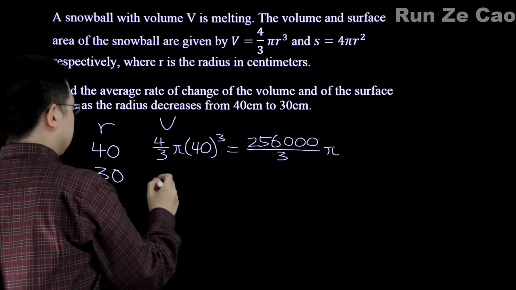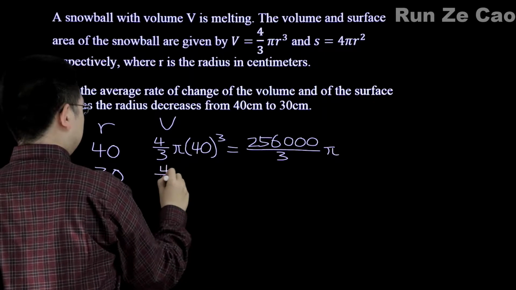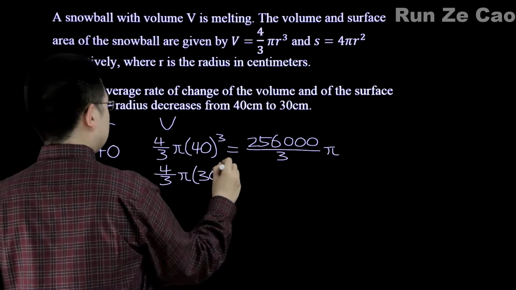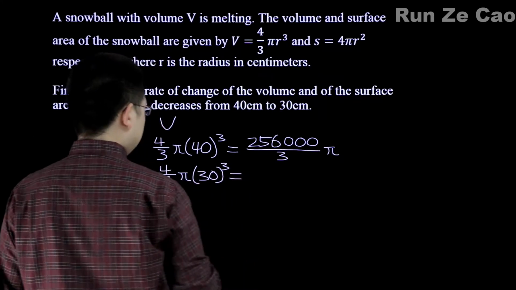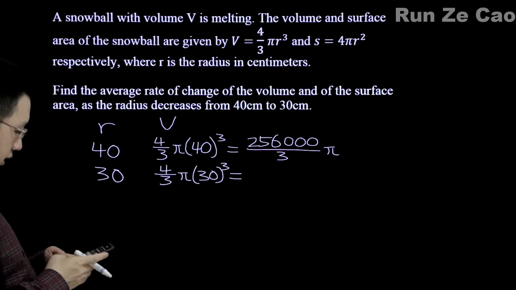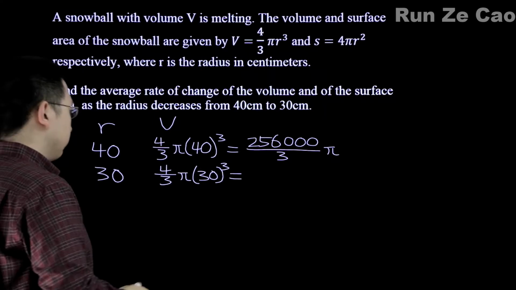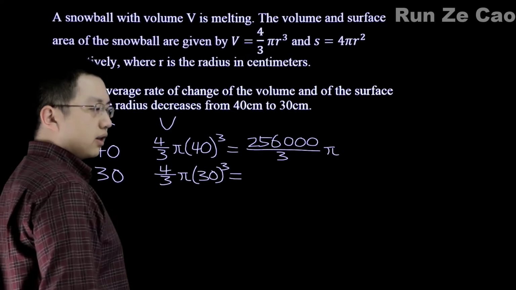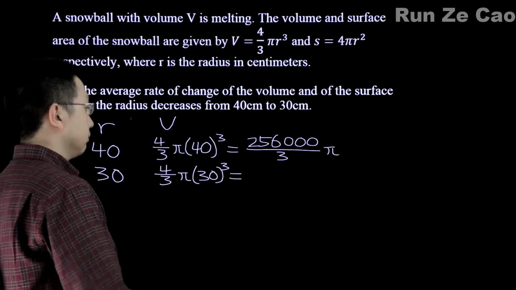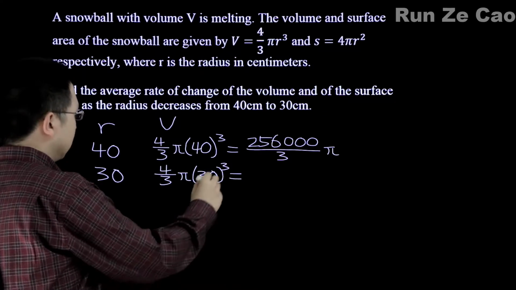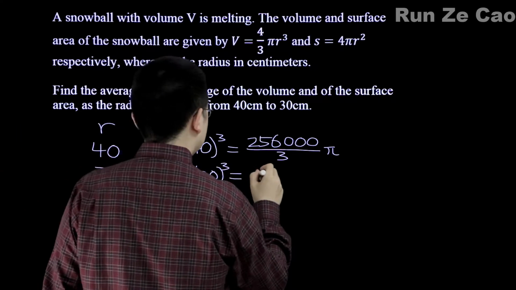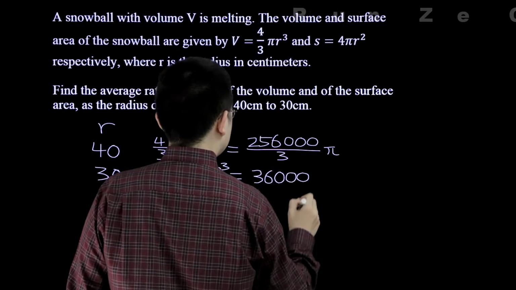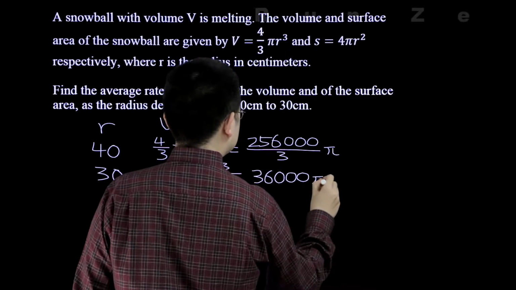And what about this down here? 4 over 3 pi times 30 cubed. First, we can cancel out the 3, and this will go from 27,000 to 9,000, because 900 times 10. So 9,000 times 4 is 36,000 pi.